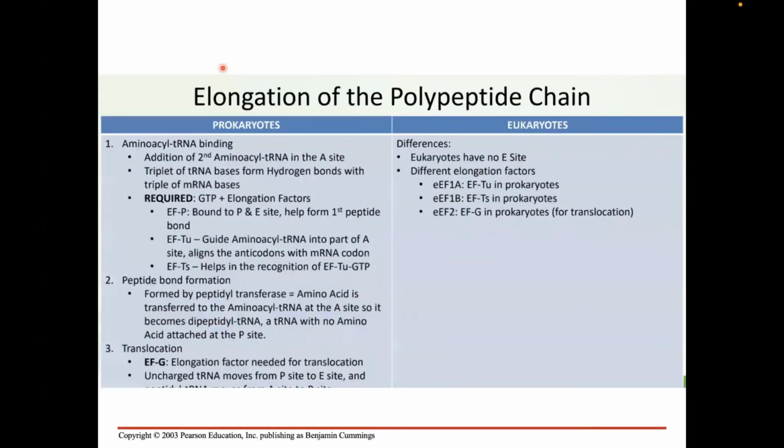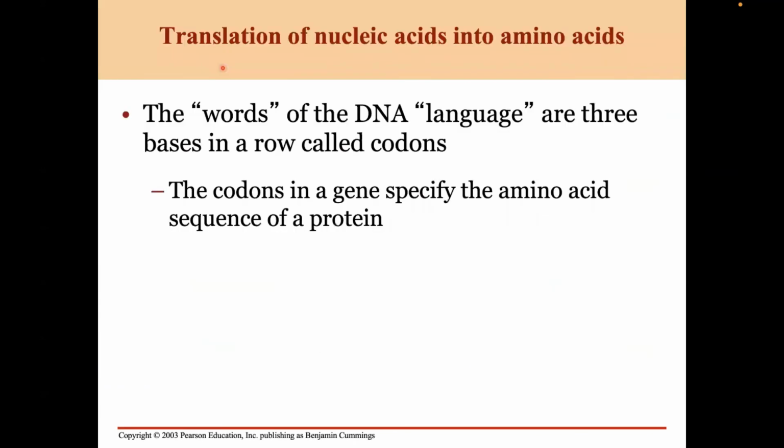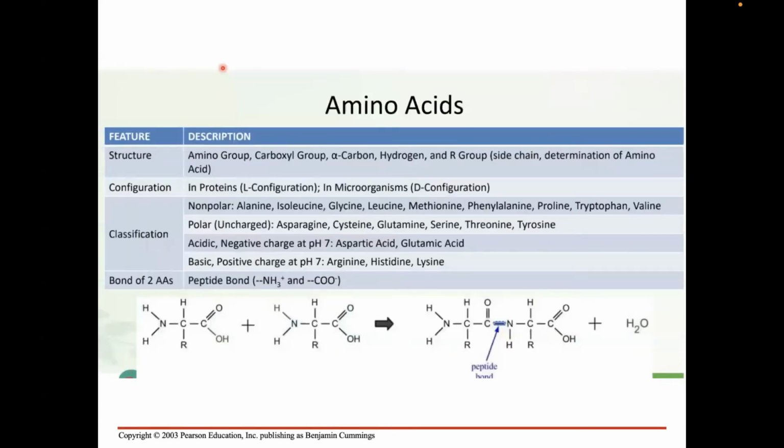So, depende po sila. For example, the structure of your amino acid: the amino group, the carboxyl group, the alpha carbon, the hydrogen, and then the R group or the side chain is depending on the determination of the amino acid. And then the configuration in proteins, depending if may L configuration. And then in microorganisms, D configuration sila.